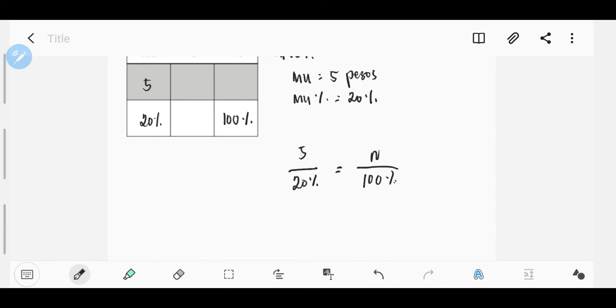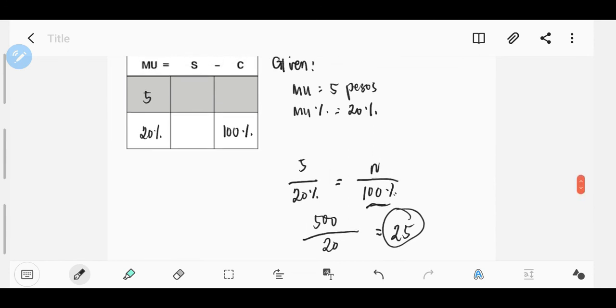So, cross multiply, 5 times 100, that is 500. Divided by 20. That gives us 500 divided by 20, 25. Ano ngayon itong 25? Saan ba nagko-correspond yung 100 natin? Sa cost.